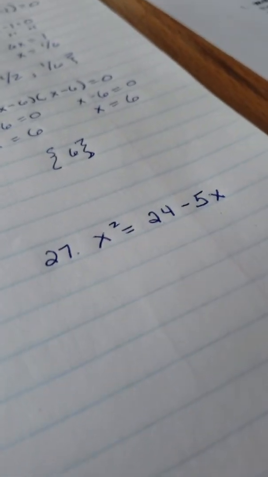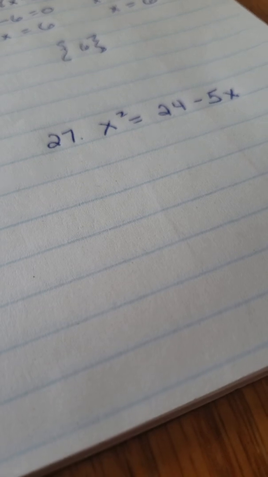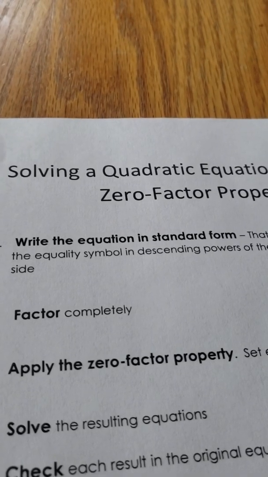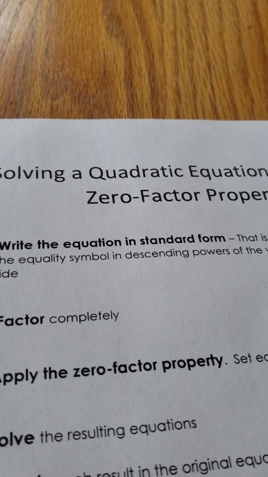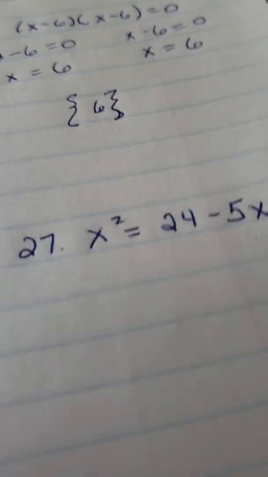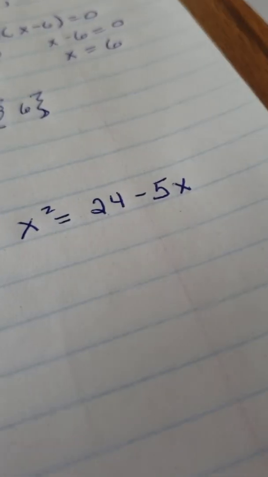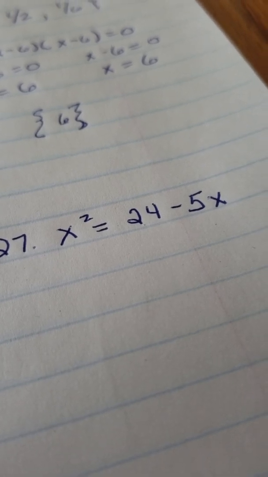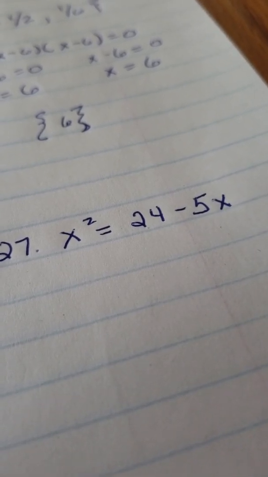Now I'm going to move to number 27. Remember on our paper of our instructions, number 1 is to write the equation in standard form. That means one side is 0. Well, this one's not in standard form. So the first thing I have to do is to get one side 0.